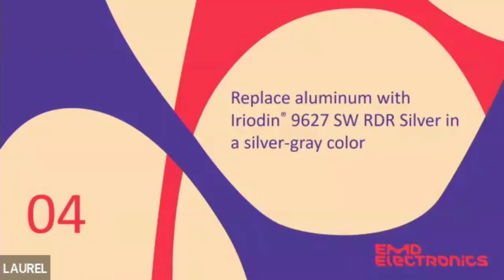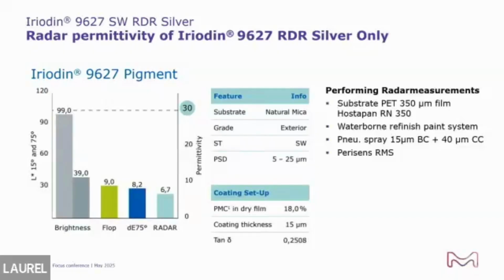Now we're showing a leather study we did. We picked a silver gray color, which is still a running color. We did a leather study to replace the aluminum with our 9627. Before I go on with the leather study, this just shows you the pigment by itself, how it performed from the brightness to flop index to the delta E and the radar.